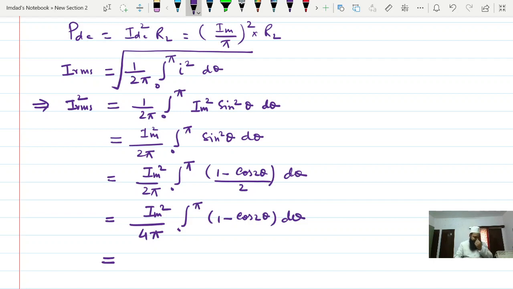We can take the integral of 1, Im square upon 4 pi.